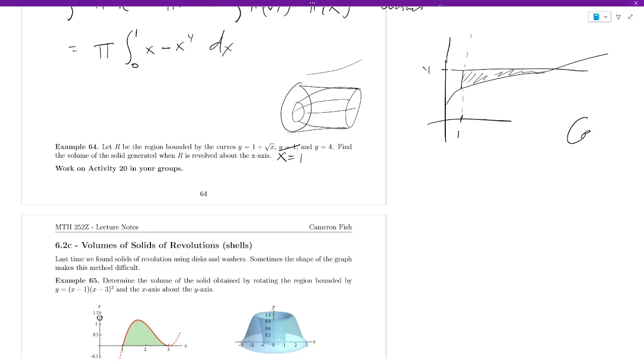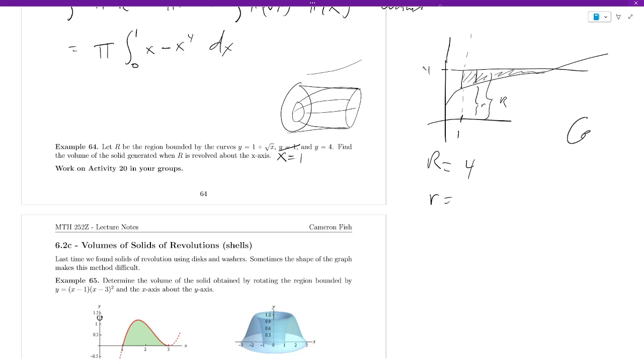So yeah, we have our various washers, right? Let's just draw a single representative line for a washer, that one. And again, we have our big radius, which goes to there, and our small radius, which goes to there. What's my big radius? Well, it's always 4, right? You could think it's the function y equals 4, but it's also like it's always 4.